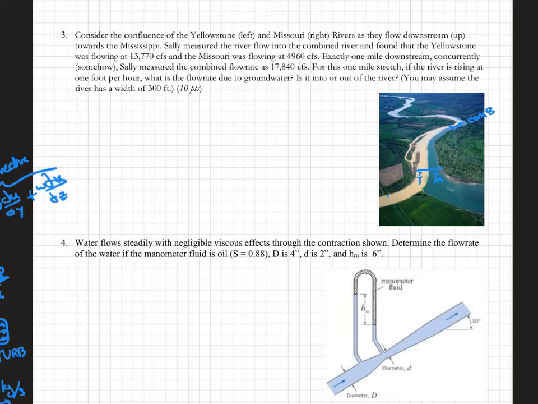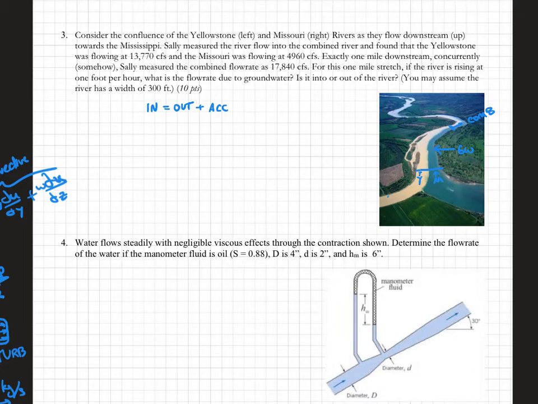And then there's another place where we have stuff coming or going. I don't really know. I probably want to be consistent with my drawing here, but I'm going to assume that the groundwater is coming into this river. I don't know why. You could have chosen it another way. So what we need to do is create a continuity, so a mass balance, accumulation.